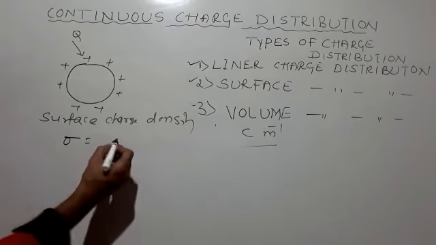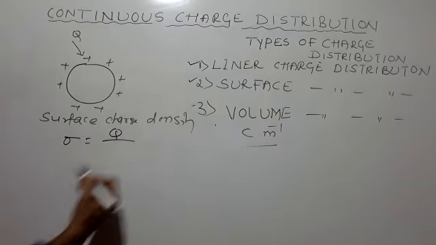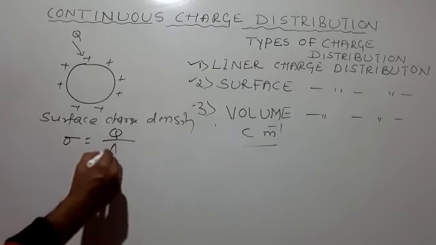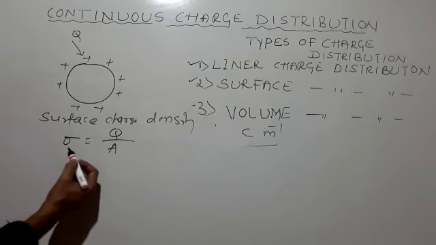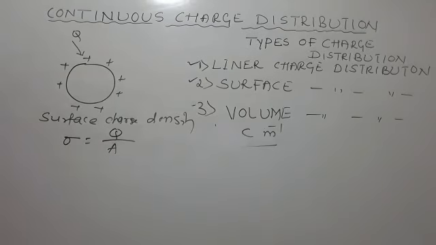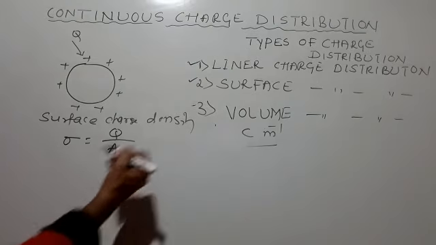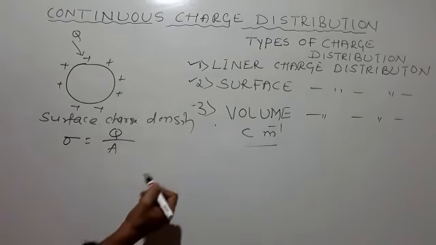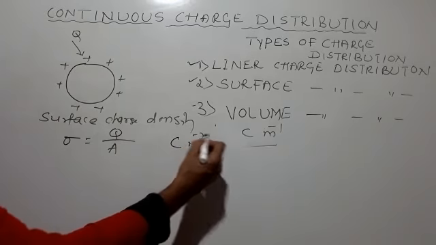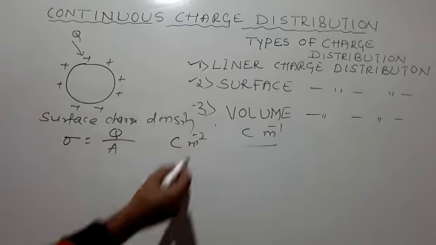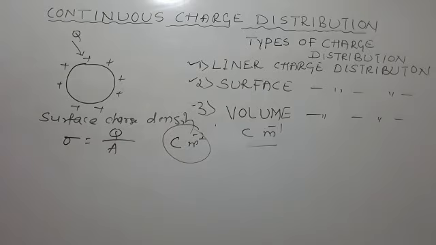Sigma is equal to total charge given to the conductor divided by the area of the surface of the conductor. Sigma is equal to Q by A. Therefore, the SI unit: for charge it is coulomb, for area it is meter square. Coulomb per meter square is the SI unit there.